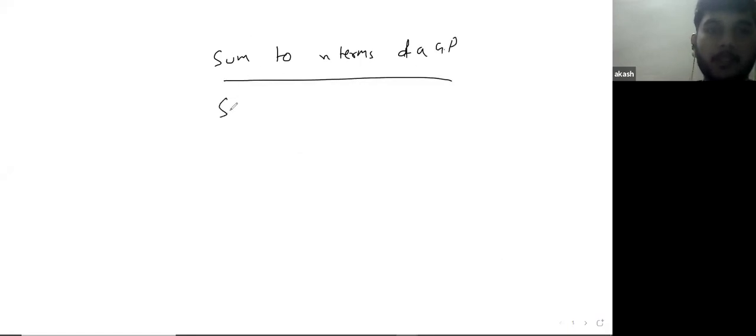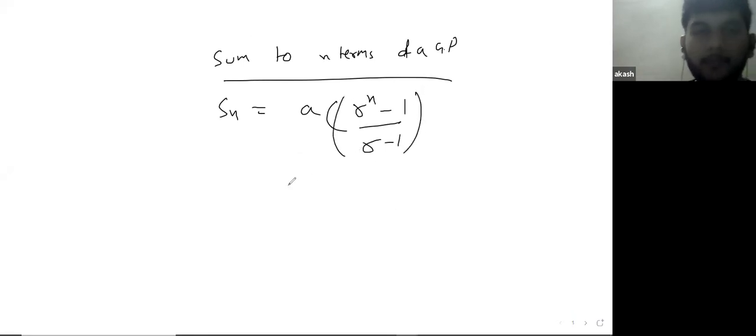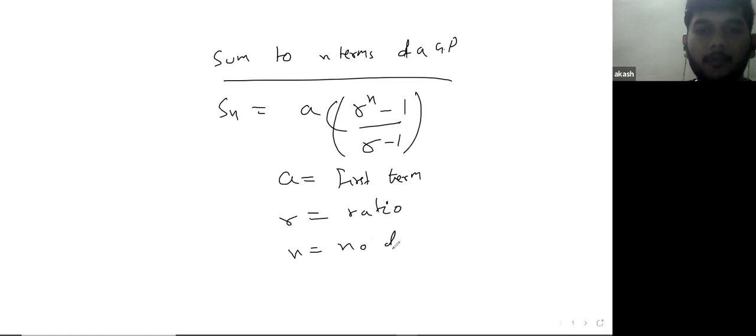The simple formula is Sn equals a times r raised to the power n minus 1 upon r minus 1. All right. A is the first term, r is the ratio, n is the number of terms.